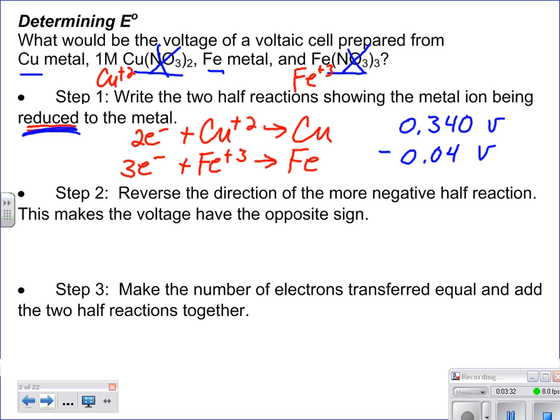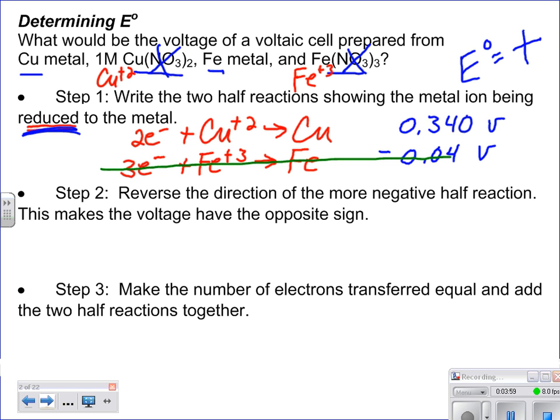So what we now need to do is step 2: reverse the direction of the more negative half reaction. Because we know that we're trying to create a battery, we want our cell potential to be a positive value. We want this to be a battery. We want it to be a spontaneous reaction. So we need to switch the more negative half, and that would be our iron.